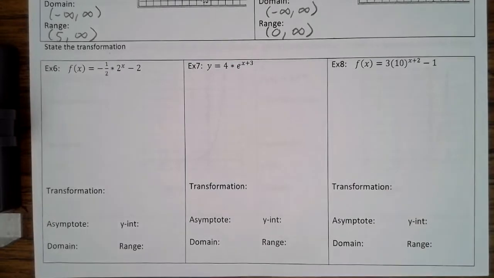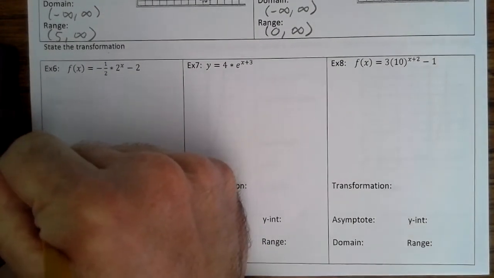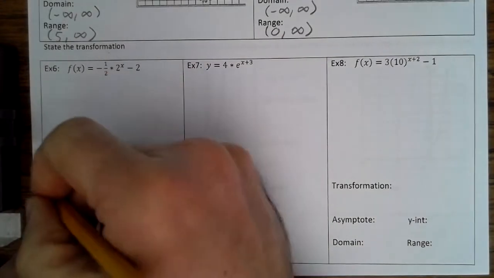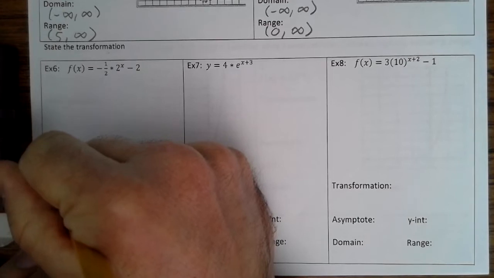All right, state the transformation. Okay, so let's do that. We have several in this one. The negative reflects over the x-axis.